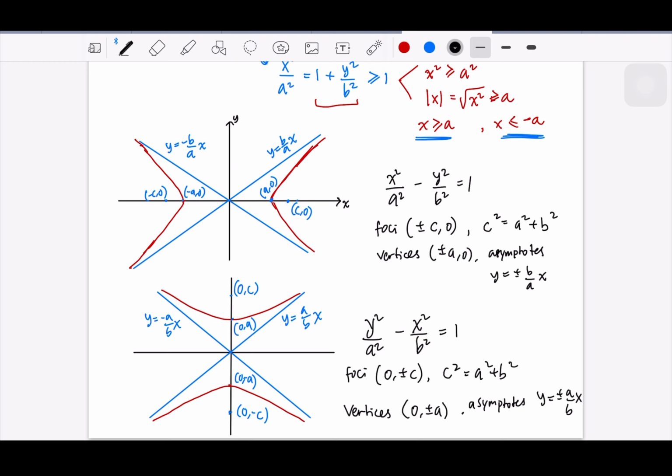If you still remember the idea of the slant asymptote in Calculus 1, this is actually the same, we can also consider it as a slant asymptote.